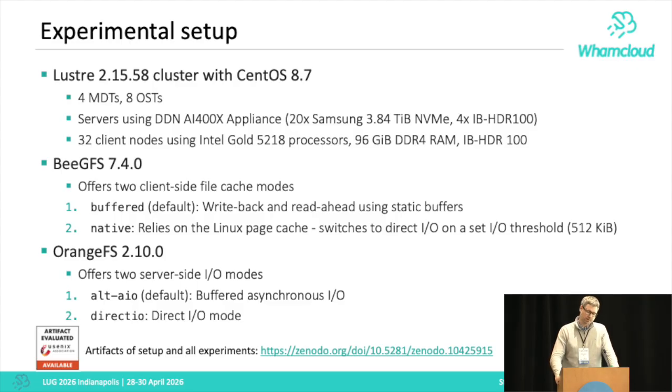And then for OrangeFS, there are on the server side two I/O modes, at least for that specific version. This has changed since then. But here direct I/O is this direct I/O mode that we have on Lustre, similarly. But we also have this alt I/O mode, which uses buffered asynchronous I/O. So similar to the server-side write-back here. I don't want to really go into detail in the experiments comparing against these two file systems and focus on Lustre.